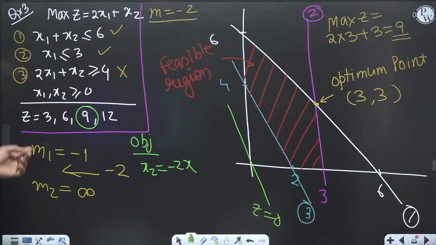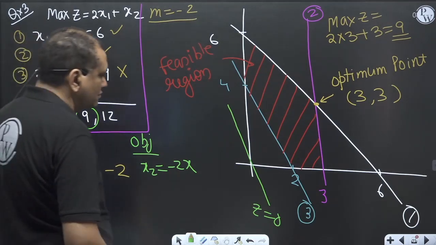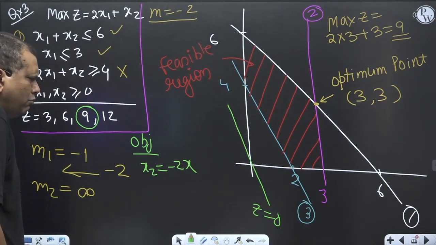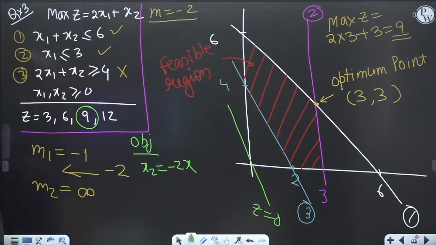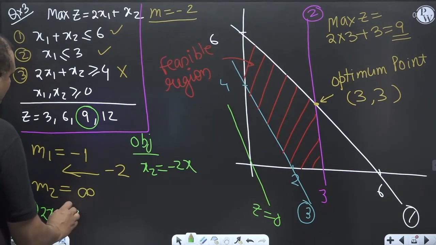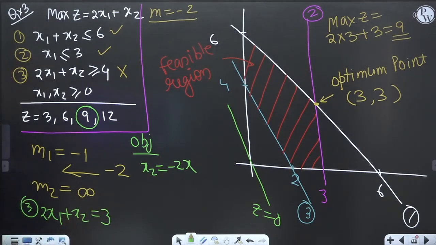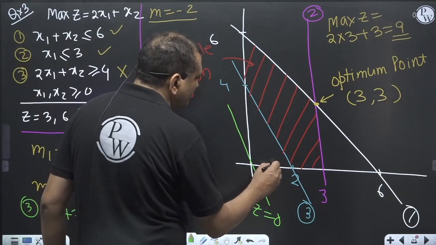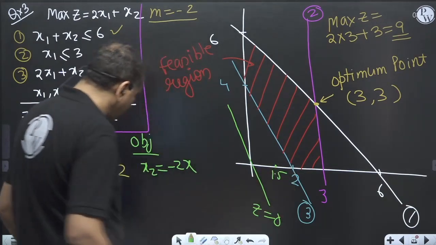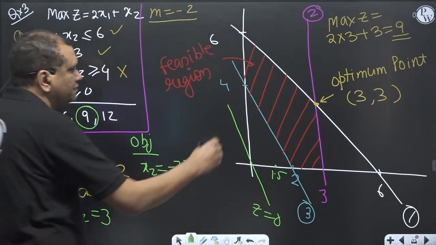So how to plot the value 3? 2x1 plus x2 equals 3. So x1 equals 1.5, x2 equals 3.